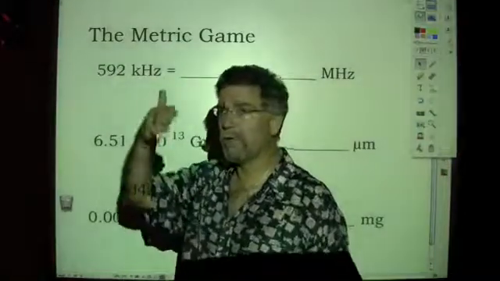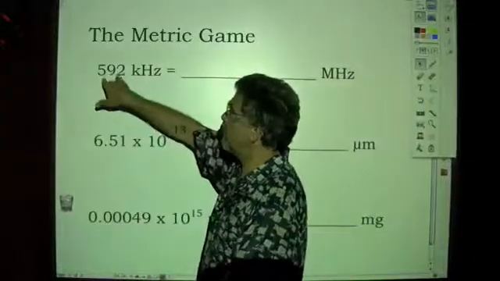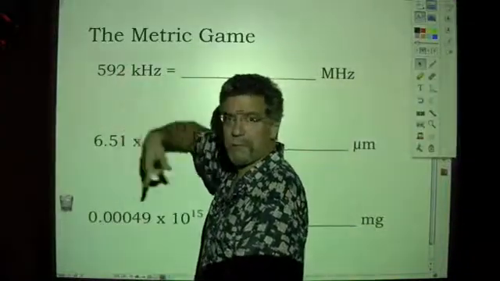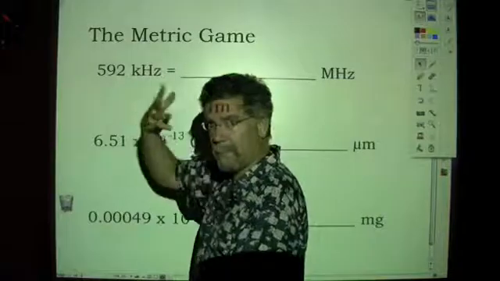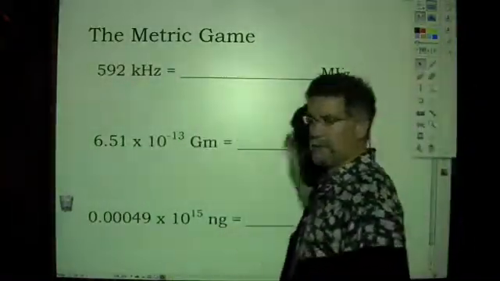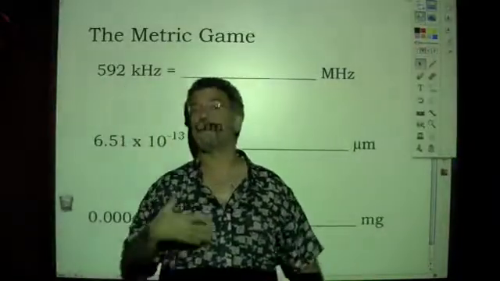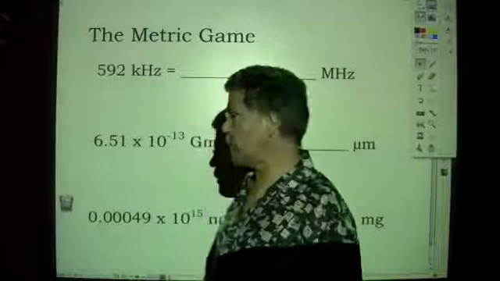Those electrons are vibrating at 592,000 cycles per second. That's my model of it anyway. And say I want to convert that to megahertz, if for some reason I wanted to talk in terms of megahertz, how would I switch it?